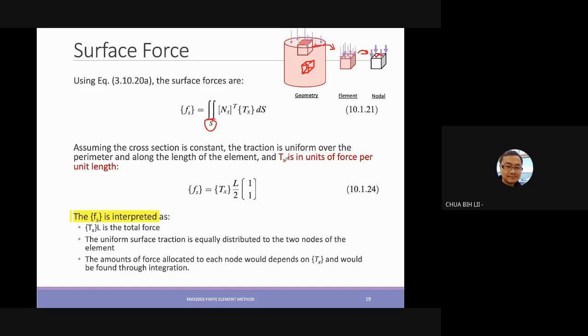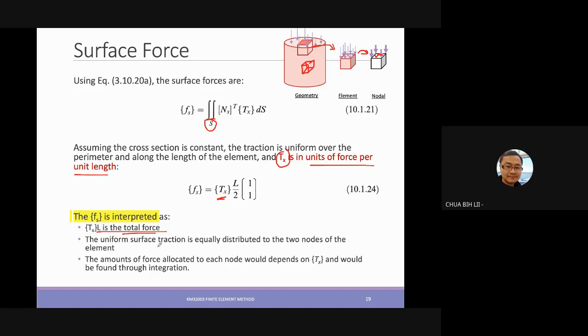The forces acting on the surface are in the form of Tx, the unit of force per unit length, how much force actually acts along one unit length. So when we multiply this Tx by L, it represents the total force, the Fs, actually acting across the whole surface.